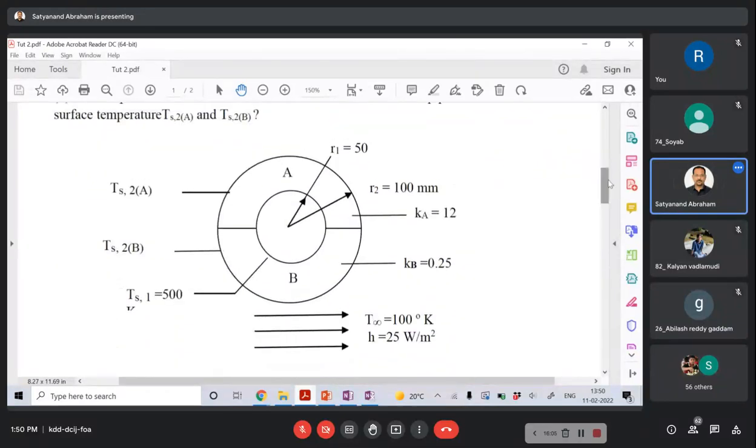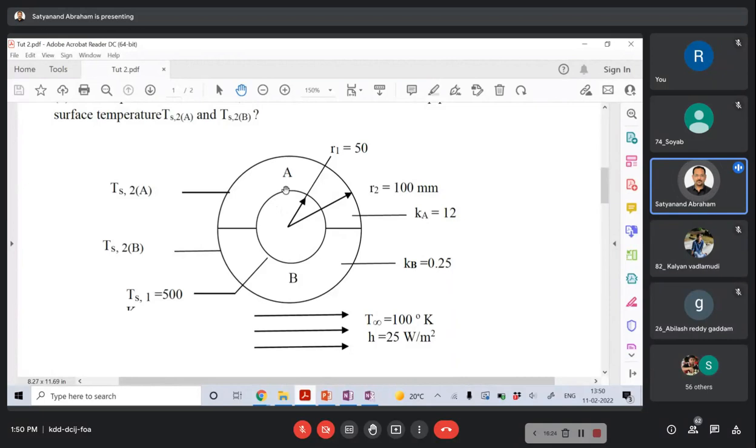So we can see that it is a circuit. First of all, there is no pipe thickness, so we can assume the contact resistance only for the insulation.